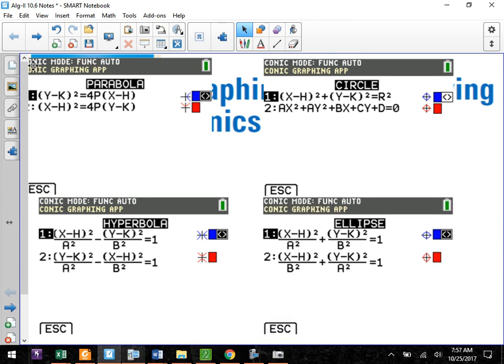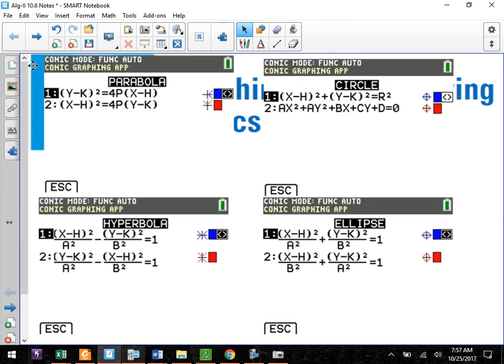Just putting the four formulas up. So as of right now, all the formulas are at your fingertips. Do the values of A, B, and C change? Your A value is still giving you the distance from your center to your vertex.